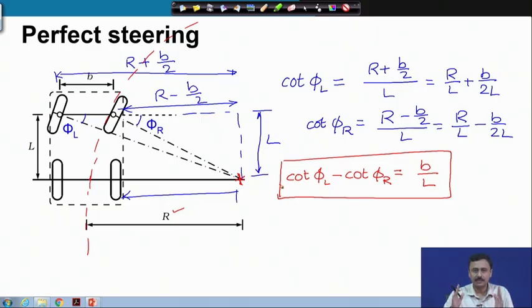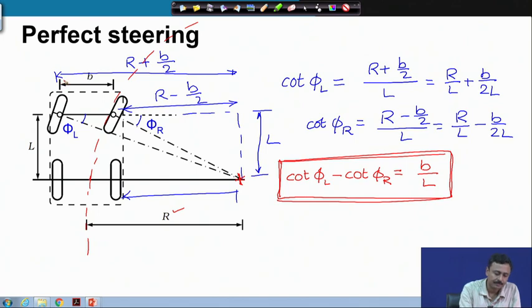So, the right wheel rotates by phi r and left wheel rotates by phi L, and the relation between phi L and phi r, so that we have an instantaneous center of rotation, is this: cotangent of phi L minus cotangent of phi r is b over L. Now, b is the width of the axle of the two wheel attachment points, and L is the wheel base, the distance between the front and the rear wheel axles.